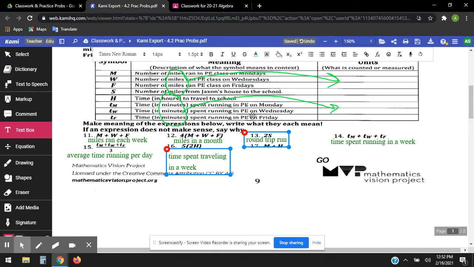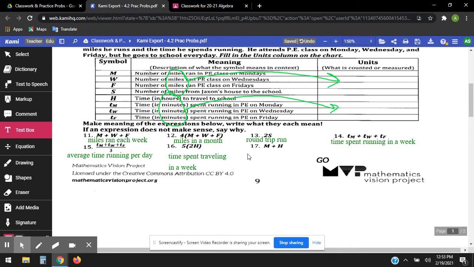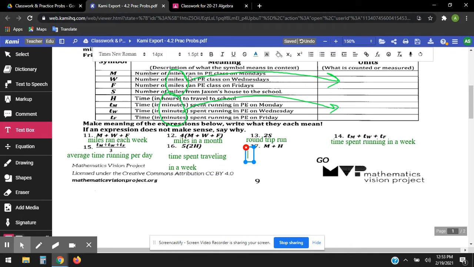M plus H, number of miles plus the time it takes to go to school. Now, that one's a little different because one unit is miles and the other one is hours. So when we add miles and hours, that's like saying I have 3 apples and 4 oranges. How many oranges do I have? It doesn't make sense. You can't add miles and hours.